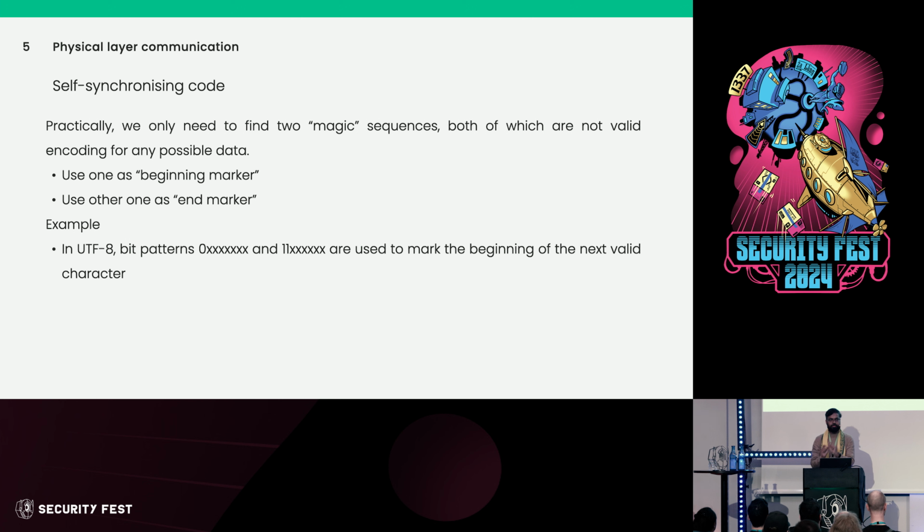Which means even by mistake, you should not be able to decode any sensible data out of these two magic sequences. Once you have that, you say that, okay, sequence 1 is the start of the transmission, sequence 2 is the end of the transmission. And whatever happens between start and end is your actual data. Make sense?